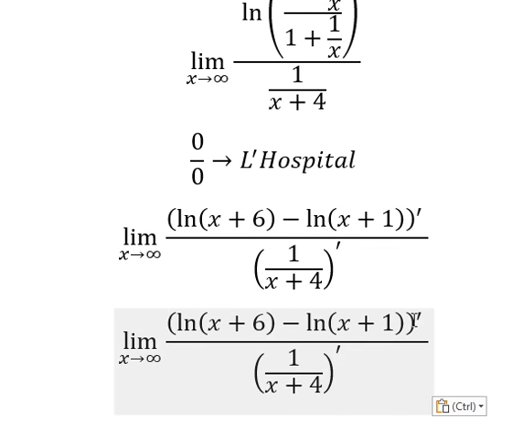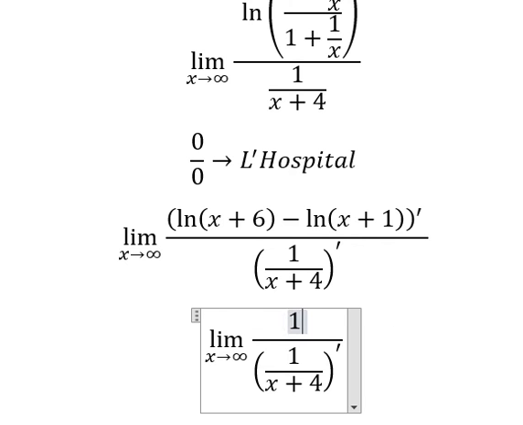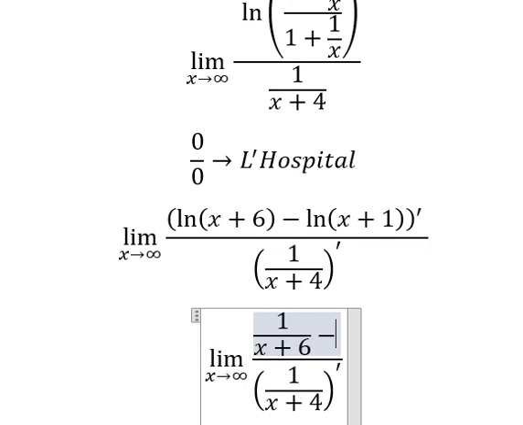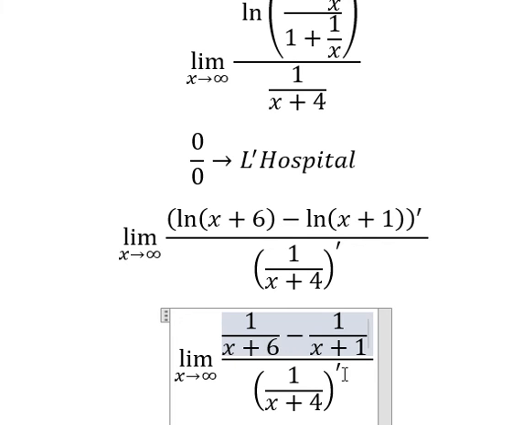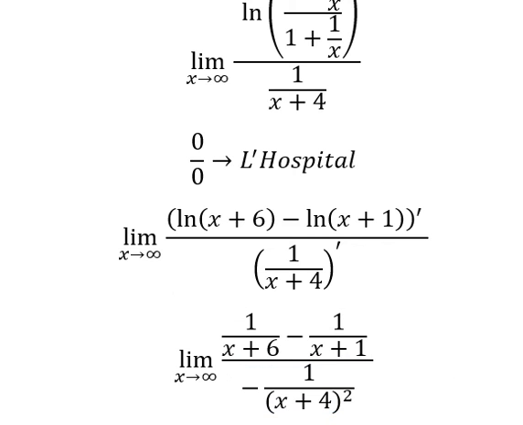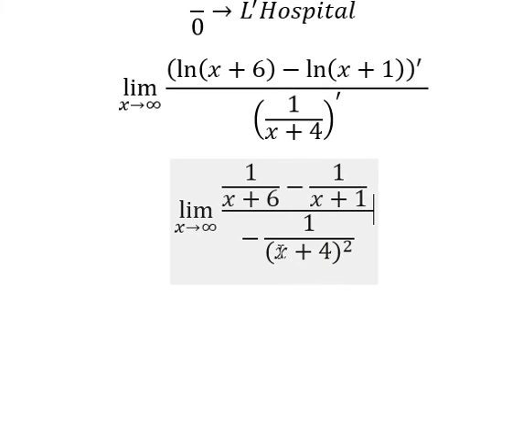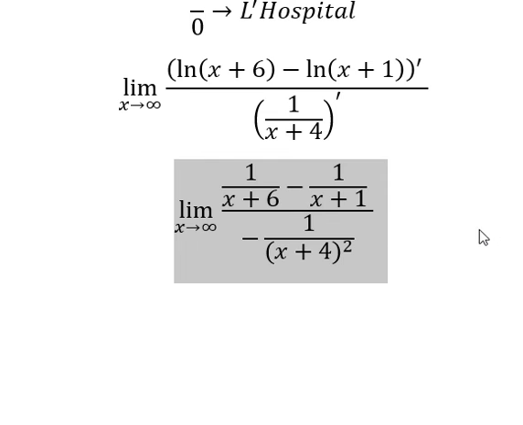Now, if we do the first derivative in here, we have 1 over s plus 6 minus 1 over s plus 1. This one, we have negative 1 over s plus 4 to the power of 2. And now, this one will go to the numerator.